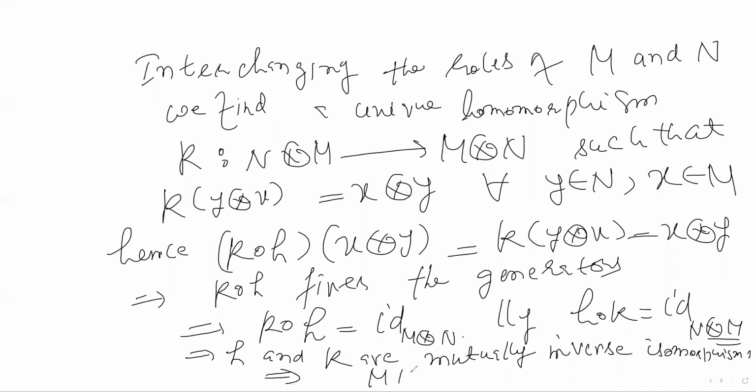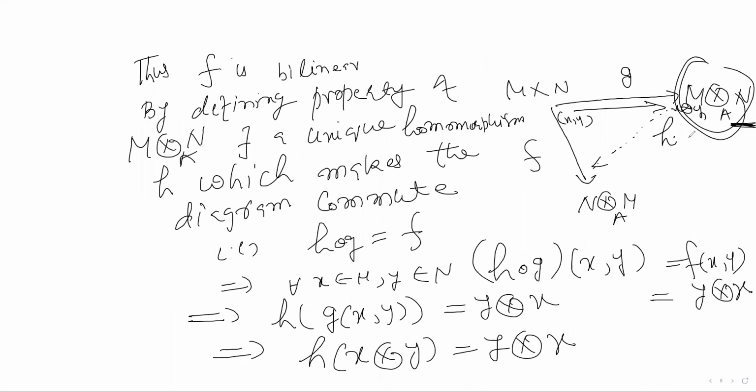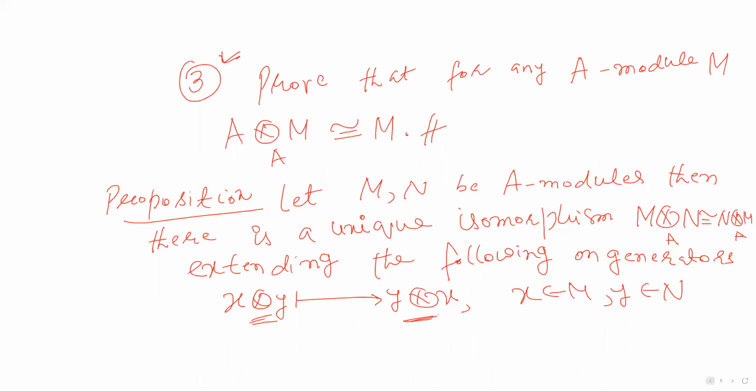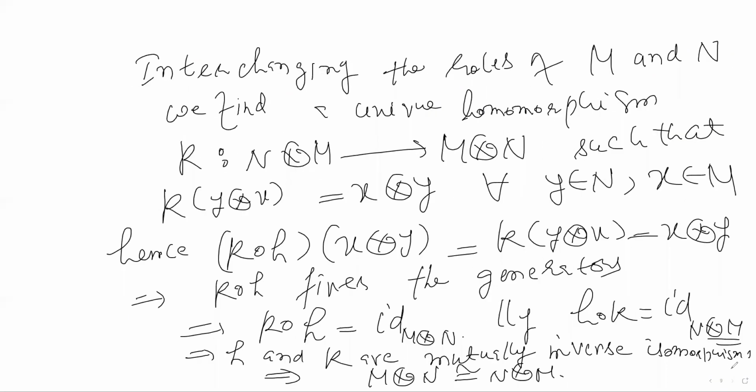So we have shown that M tensor product N is isomorphic to N tensor product M. This isomorphism h, which is defined on generators, can be extended to the whole module. So therefore this proposition is true.